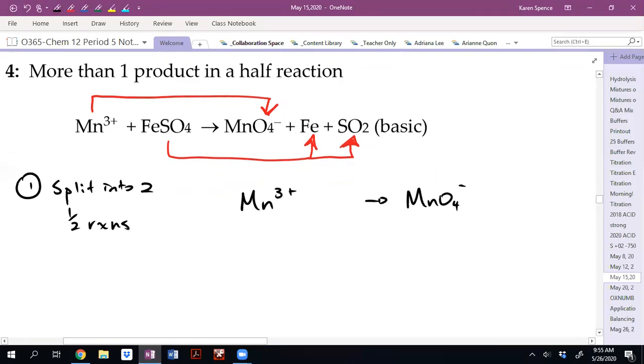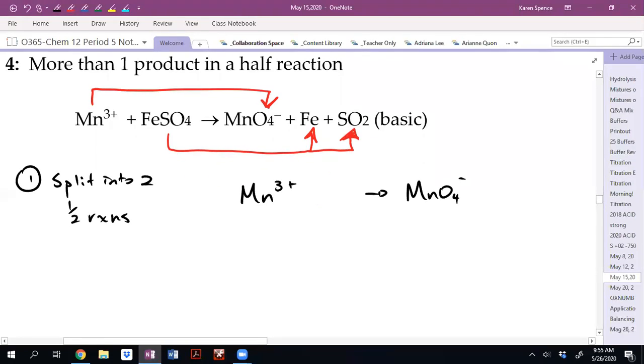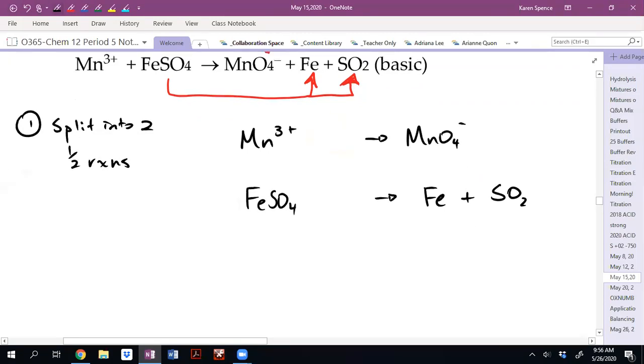We will have our second half reaction, FeSO4 goes to, and now we say, okay, I've got Fe's in my reactants, I've got S's in my reactants, so I will be making the Fe's over here, and the S's will show up in the SO2. So that's the only thing that's different. And now we're just going to balance the half reactions.